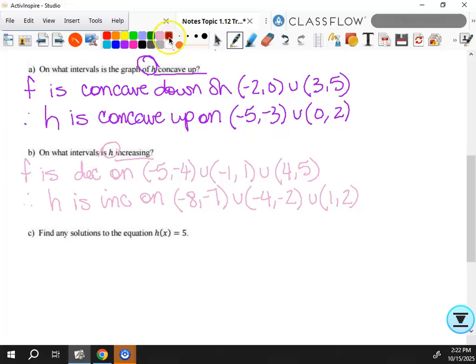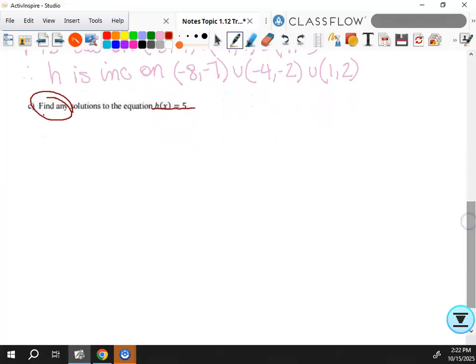Now this one says, find, actually I have to find the solutions this time, not how many, I have to find them when h of x equals 5. So my h of x that they defined for me was -2 times f of x plus 3 minus 1, and I'm going to set that equal to 5.